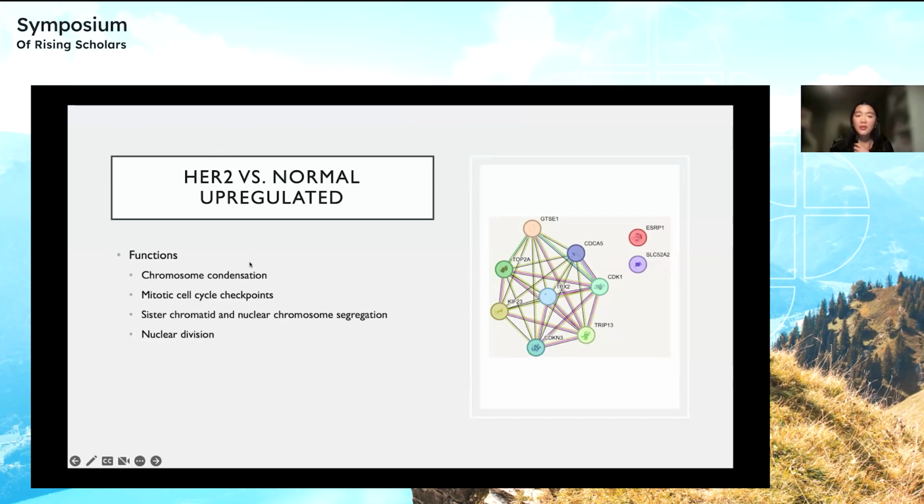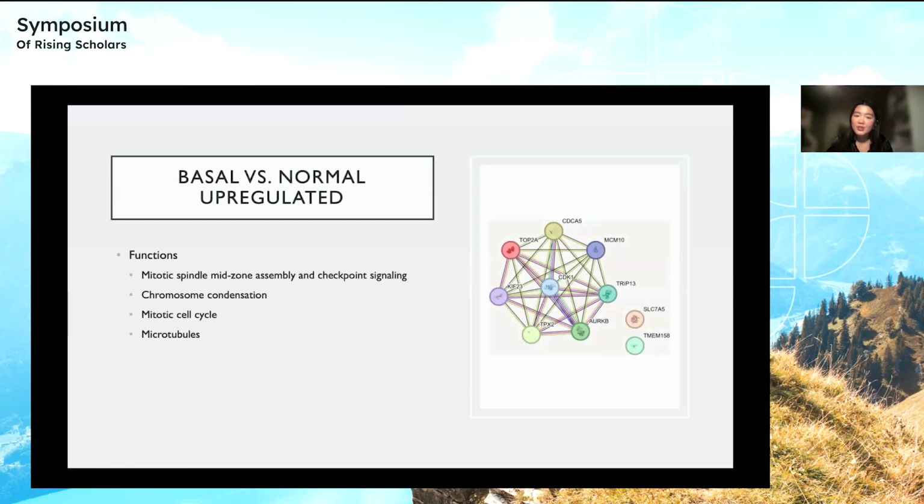And so these genes have functions in chromosome condensation, mitotic cell cycle checkpoints, sister chromatid and nuclear chromosome segregation, and nuclear division. And then lastly, for basal versus normal upregulated, some of these functions include mitotic spindle midzone assembly and checkpoint signaling, chromosome condensation, mitotic cell cycle, and microtubule.